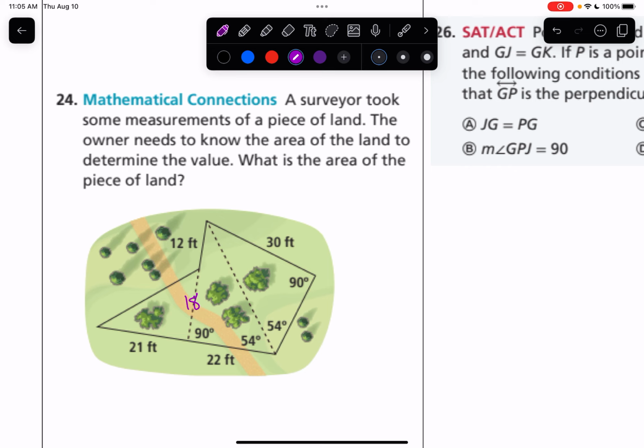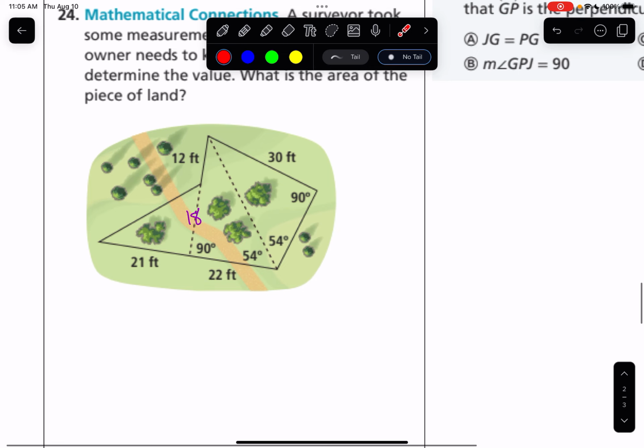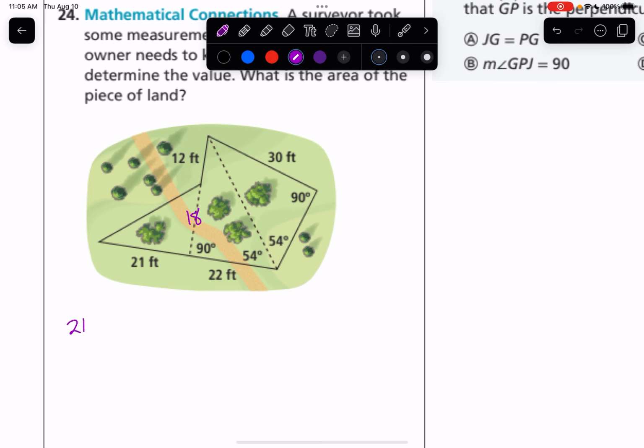Now I can find the area of this triangle right here, because I can do base times height, 21 times 18 divided by 2. And 21 times 18 divided by 2 is 189. So this is 189 square feet.